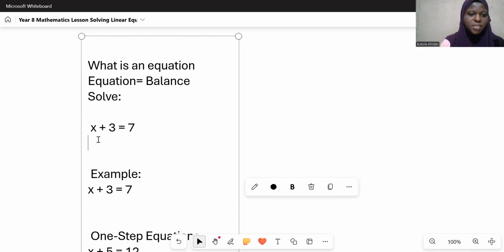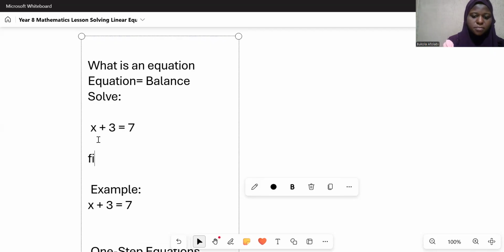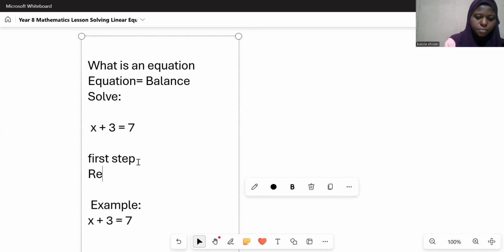So the first step, we must remove 3 by subtracting 3 from both sides.